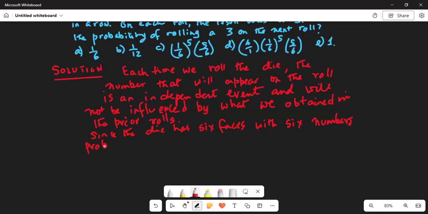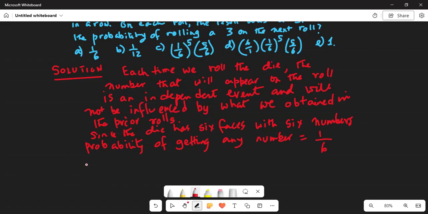Probability of getting any number is 1, each number appears once, divided by 6. Okay, 1 out of 6.